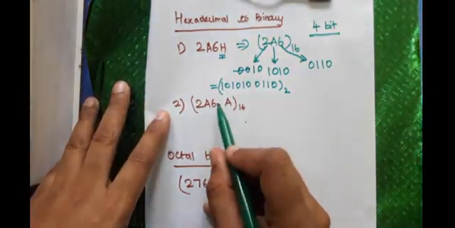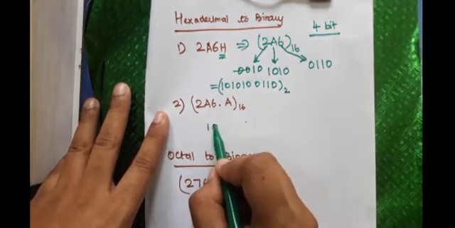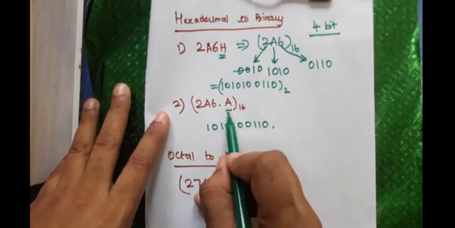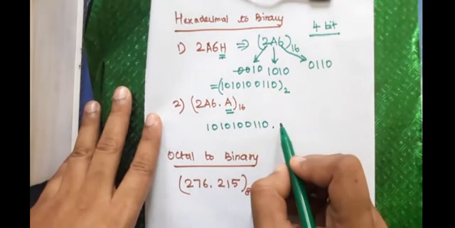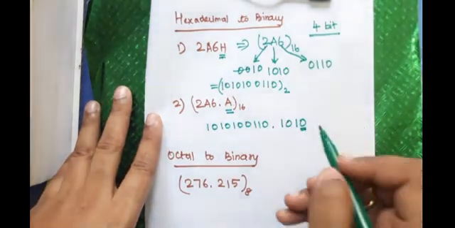Let's take another example. 2A6.A. We just did 2A6, so I can write it as such, dot A. A is nothing but 10 in decimal, so I can write it in binary 4 bits as 1010. This 0 has to be mentioned.